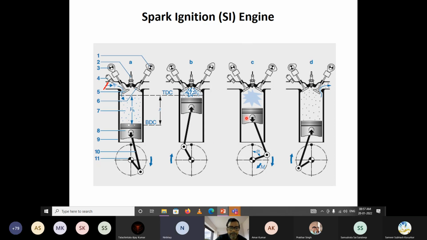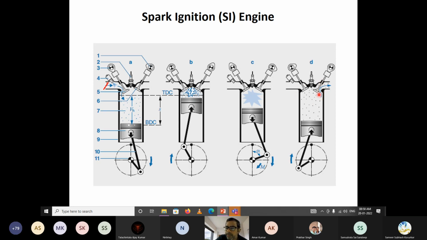Does the exhaust gas mix with the air fuel mixture? Oh, you are asking during the valve overlap period? Yes, sir. Okay. Therefore I told you that at this point you just accept that there is a certain period of overlap. Why it is open before that, and how the exhaust is going to mix with the air fuel mixture, everything we will discuss during the valve overlap and valve timing diagram.